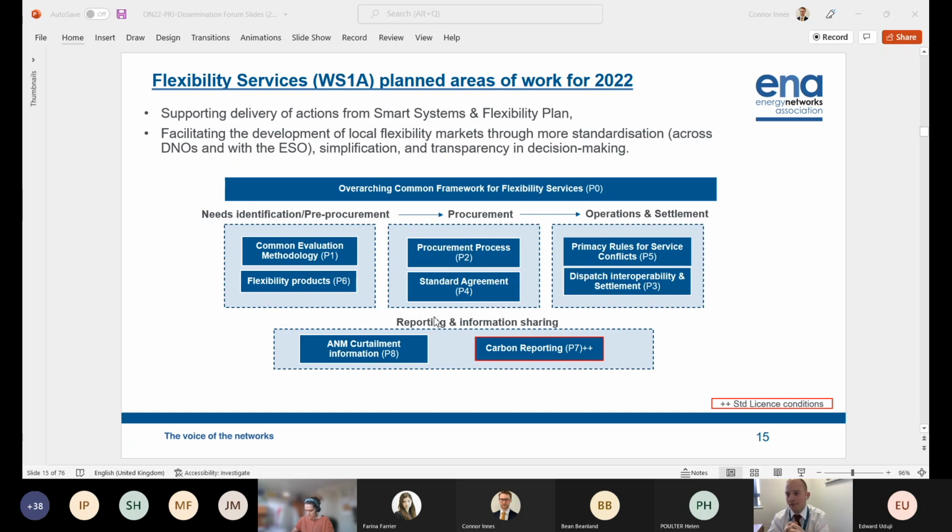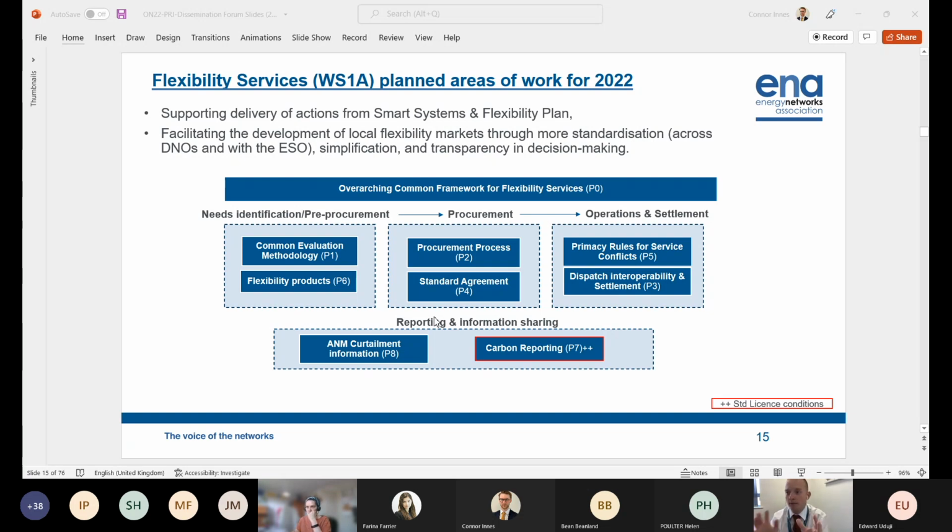And this really aims at reducing the barriers to entry, so making sure that the contracts are fit for purpose, as simple as possible, but provide the right amount of assurance for both parties, and making sure that there's a proper change process around these standardized agreements, so that we've got clarity that any participant looking to provide flexibility services across the whole of the UK will be using very standardized terms, and can reduce the legal burden on FSPs looking to participate in that particular market.